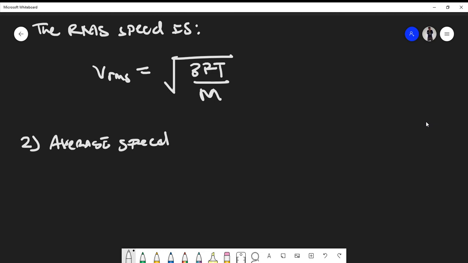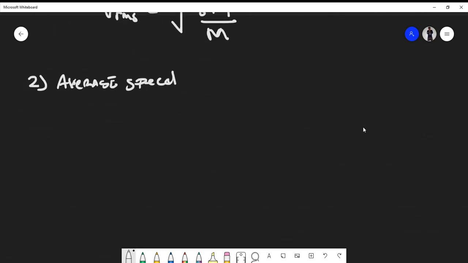And this comes from the probability distribution function, which we spoke about in the last lecture. Right.